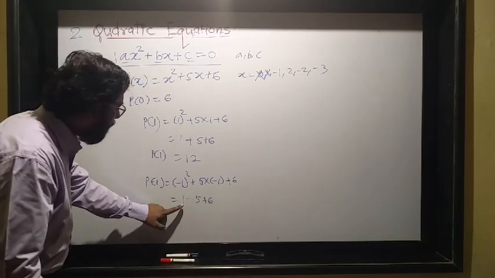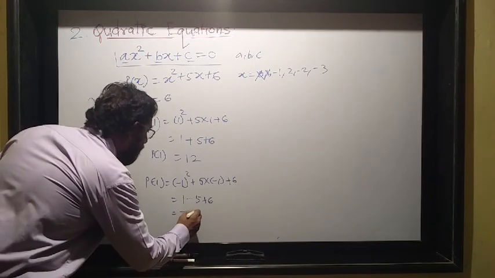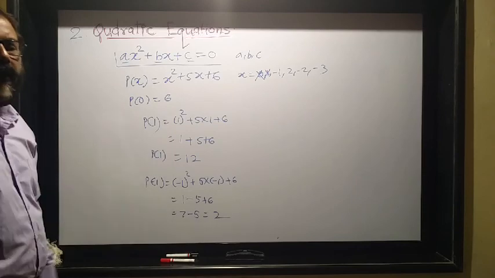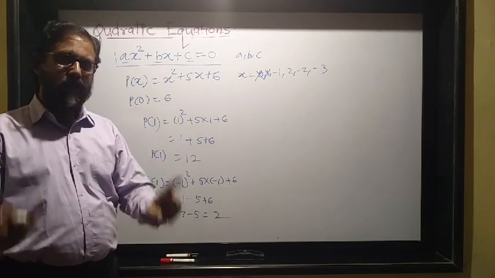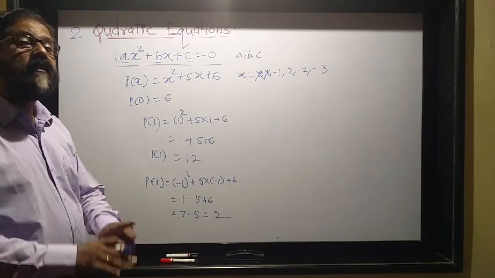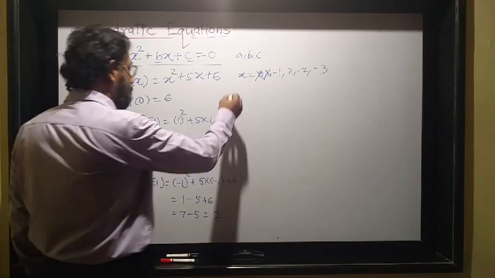Now 1 plus 6 is 7, minus 5 is equal to 2. Again 2 is not 0, and that is why minus 1 is also not a root or zero of the polynomial.